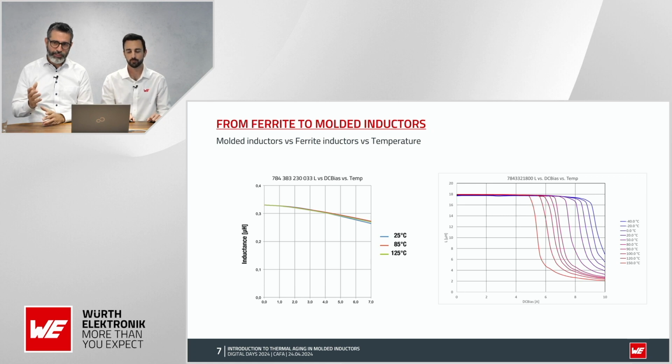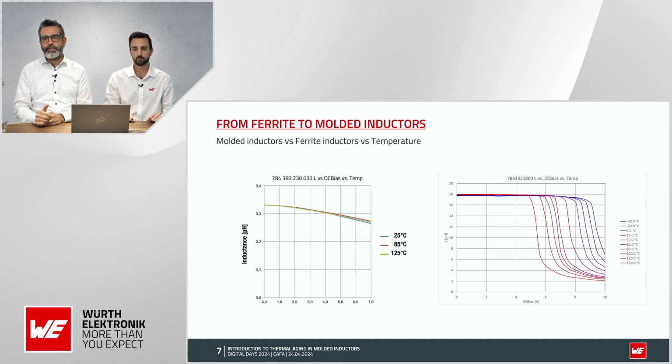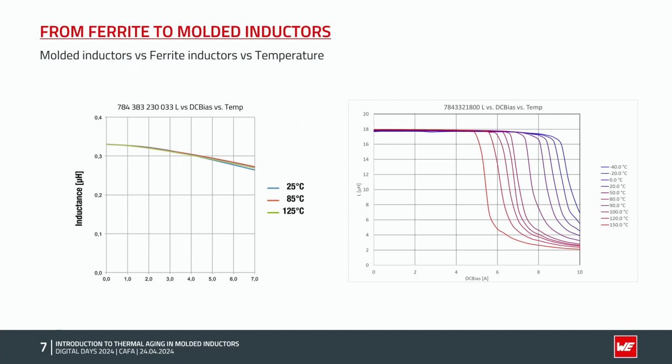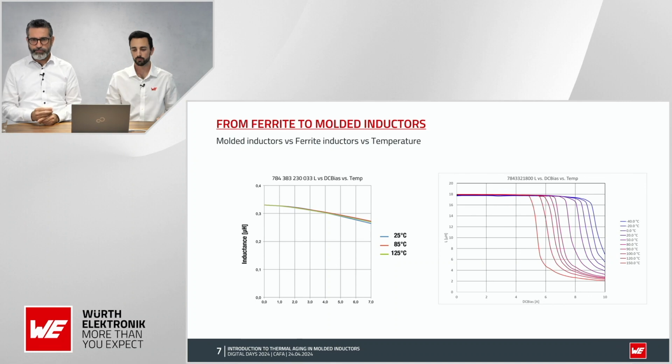We have been testing this product from our portfolio, made of ferrite cores, increasing the temperature from minus 40 degrees until 150 degrees. We can see that the saturation behavior is changing over the temperature. This is because of the properties of the ferrite cores.